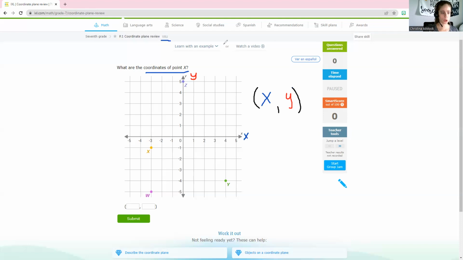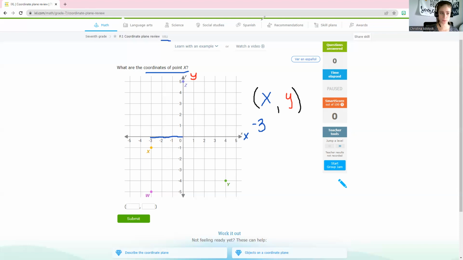So when you're finding an ordered pair, you always start here at the origin, so the center at (0, 0), and first calculate how it moved along the X. So it went over 1, 2, 3, so -3. We went over because we went to the left. Look how your numbers are negative, just like they would be on a number line if you went to the left. So we went left 3 spaces.